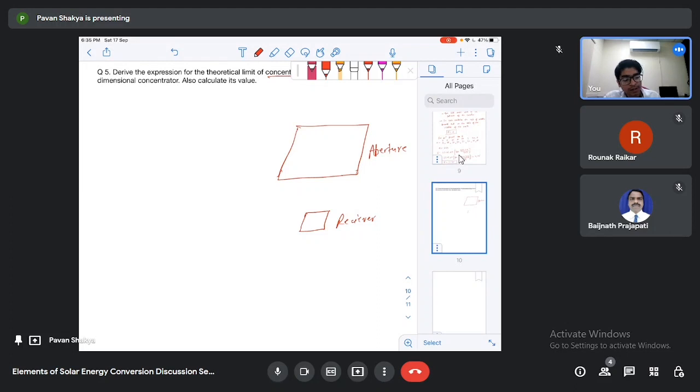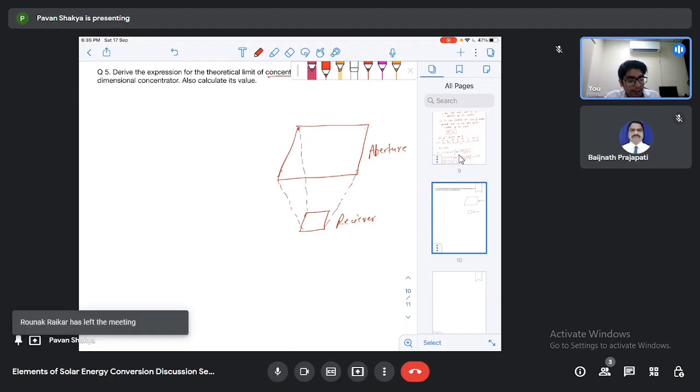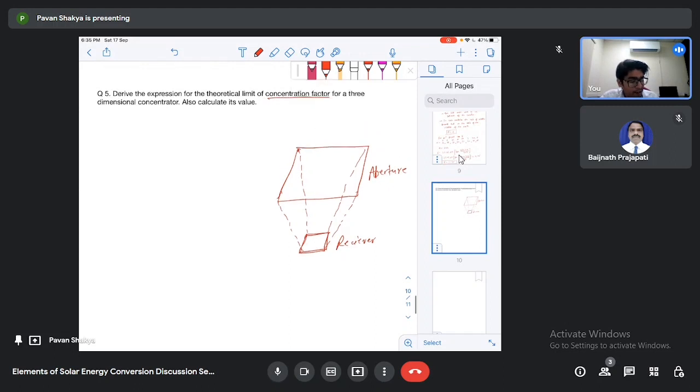So what does this aperture do? It reflects or transmits all the radiation that is falling on this area to the receiver. Okay, so let's say the area of the receiver is AR and the area of the aperture is AA.